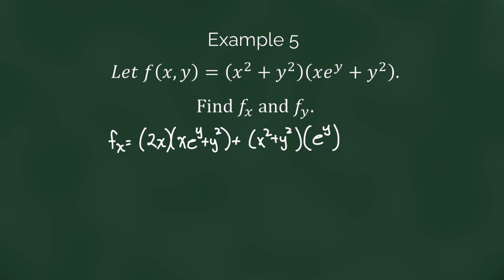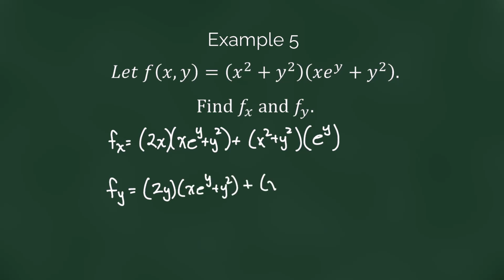Now, you might want to expand this out. I'm not really sure it does us any good to. It gets sort of messier and maybe slightly more complicated when we do that. And it might be useful to keep it in its factored form for some sort of application. So I'm just going to leave it like that and do the derivative with respect to y, which is going to be, again, we'll take the derivative of the first piece with respect to y, which is 2y, multiply that by the second part of our product.